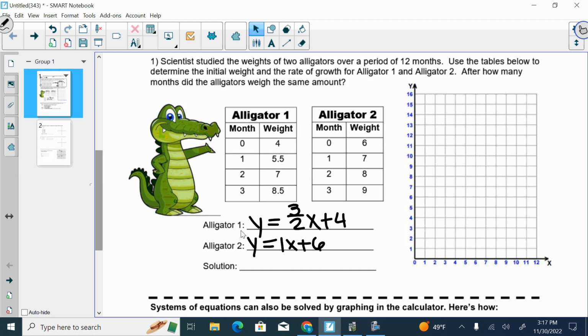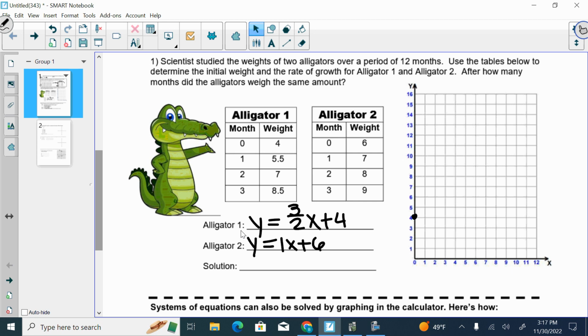Okay, so we are going to use these equations and see where they cross, just like what we did yesterday. Okay, so for alligator 1, where am I going to start my graph at? 4. So I come over here, give myself a point at 4, and where am I going to move to put the next point? Okay, the next one.